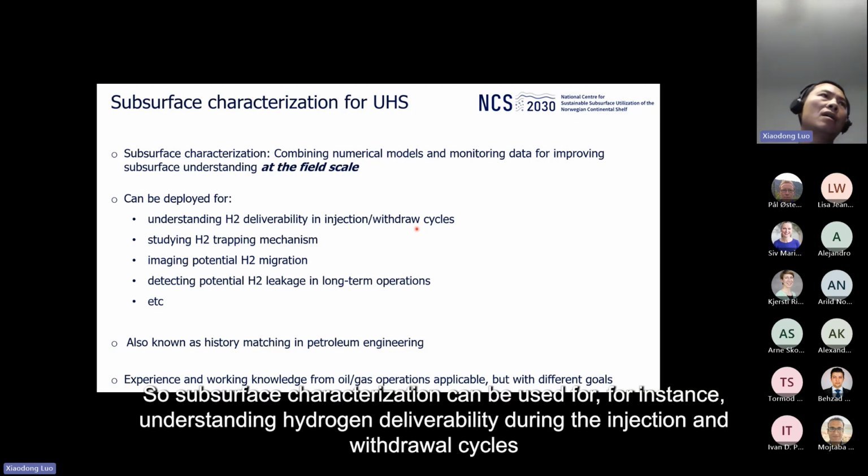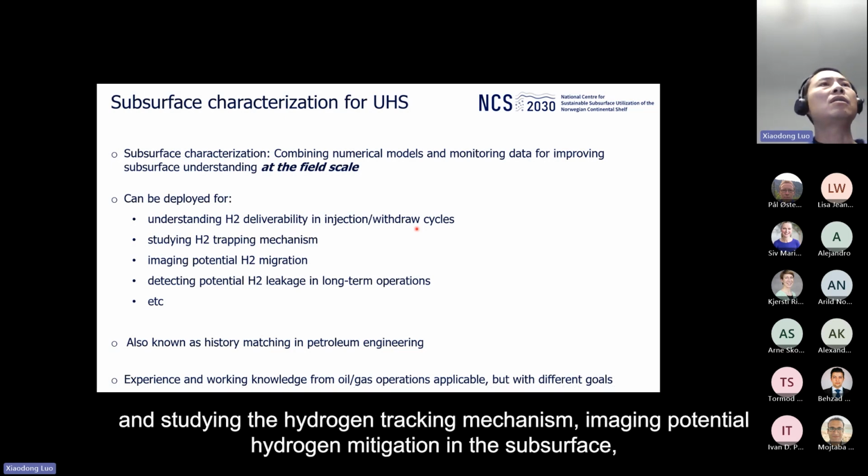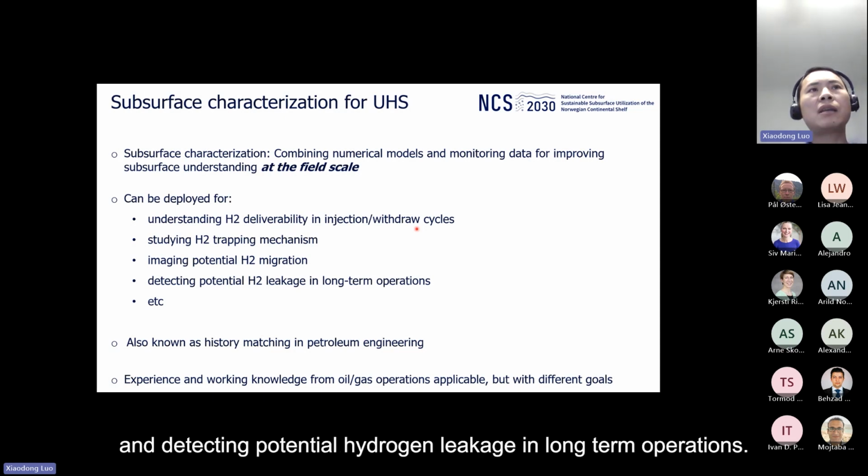It can be used, for instance, for understanding hydrogen deliverability during the injection and withdrawal cycles, studying the hydrogen trapping mechanism, imaging potential hydrogen migration in the subsurface, and detecting potential hydrogen leakage in long-term operations.